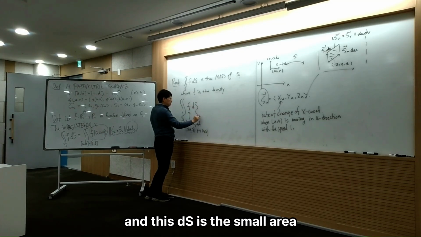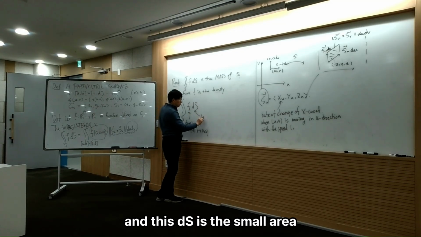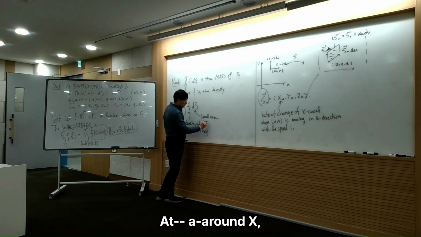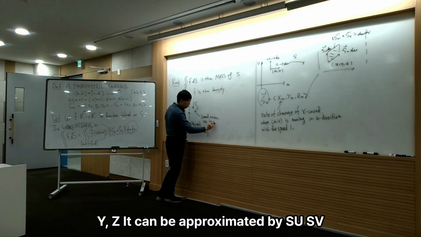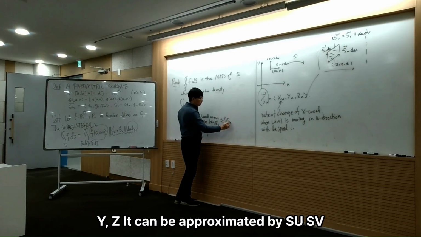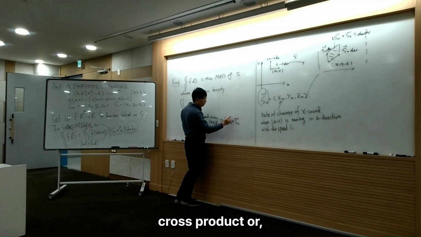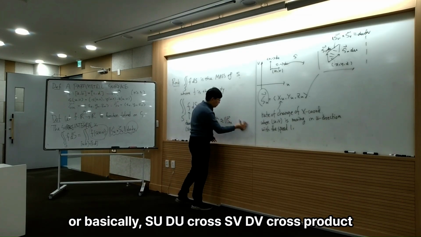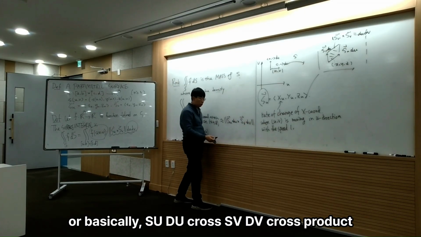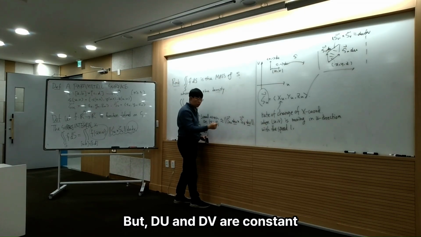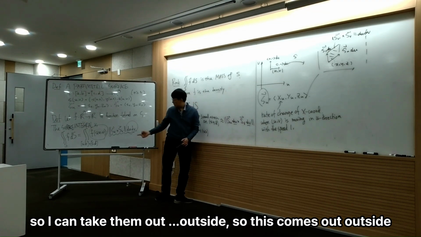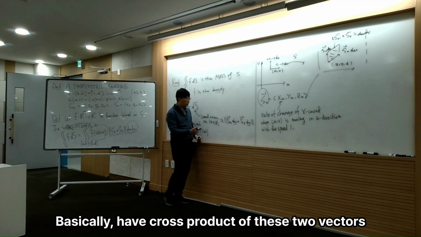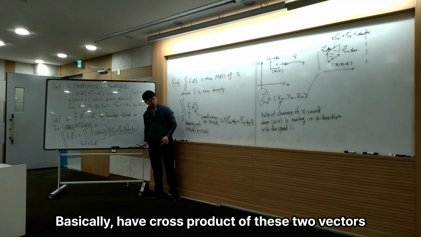And this dS is the small area around (x, y, z), which can be approximated by the cross product of S_u and S_v, or basically S_u du cross S_v dv. But du and dv are constant, so I can take them outside. Basically, I have the cross product of these two vectors.